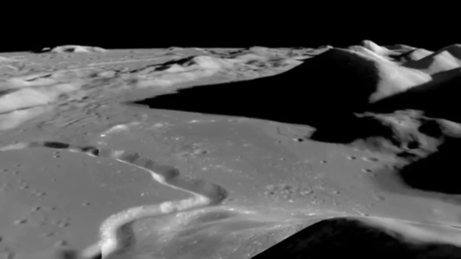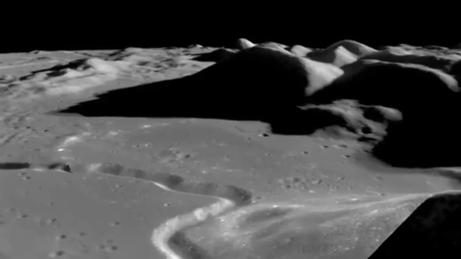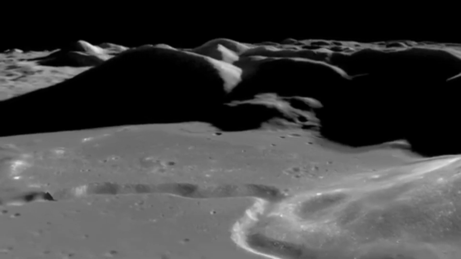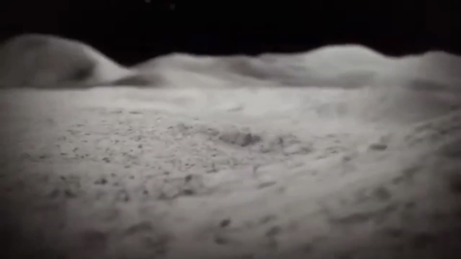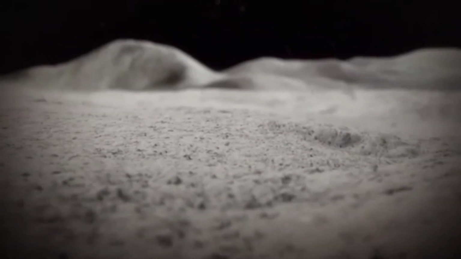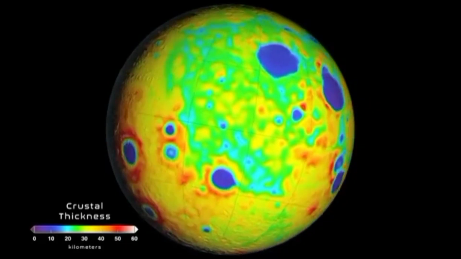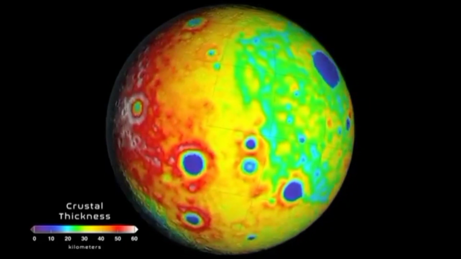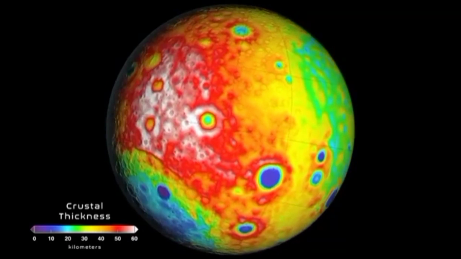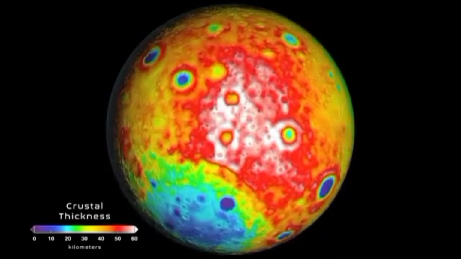A thin layer of dark gray dust covers the lunar surface. Beneath it lies the lunar regolith, a loose non-homogeneous material, constantly eroded by cosmic radiation and meteor impacts. The lunar crust has a depth of about 70 kilometers on the visible side and reaches up to 150 kilometers on the far side.